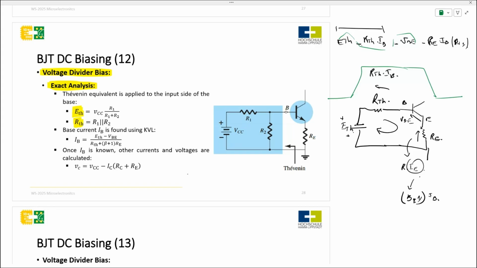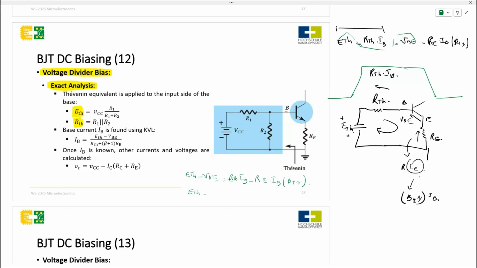So we will have E Thevenin minus VBE equal R Thevenin IB minus RE IB beta plus 1.